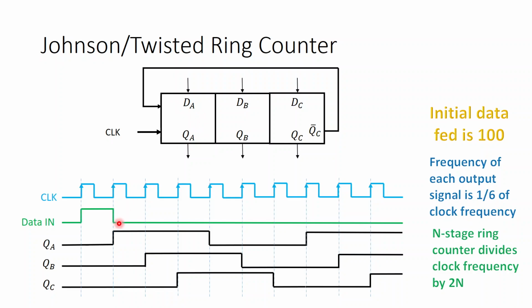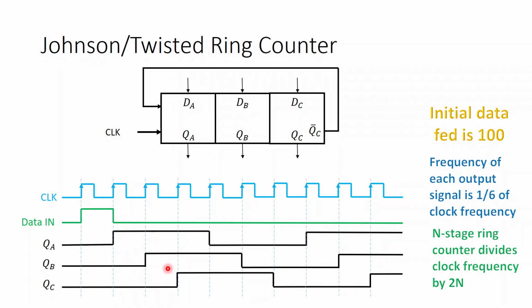Take the same input. After this clock cycle, this one is coming here. Now after this is removed, this is still 1. Why? Because this QC is 0. QC being 0, QC bar is 1, so that 1 is coming here.